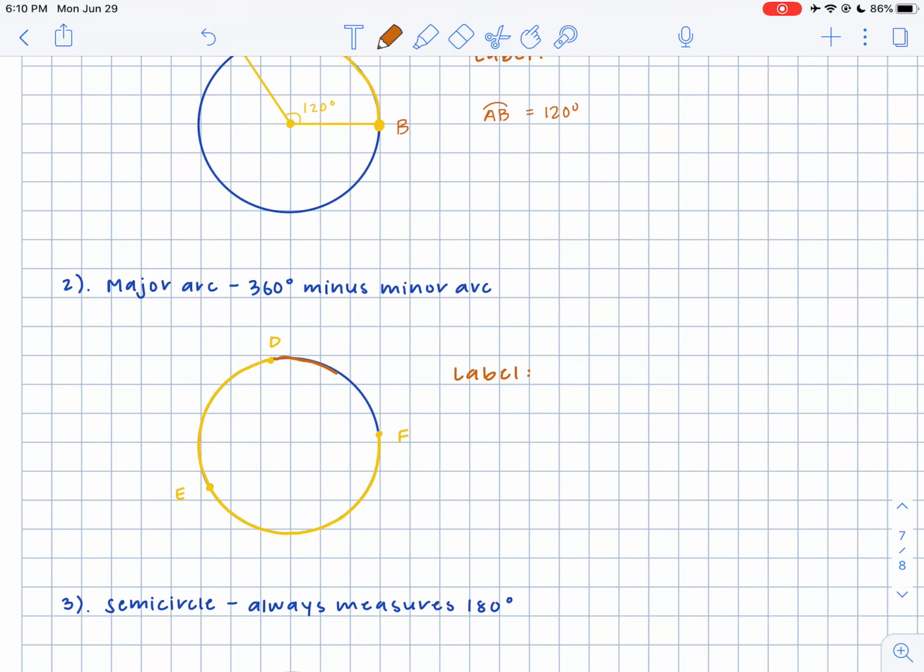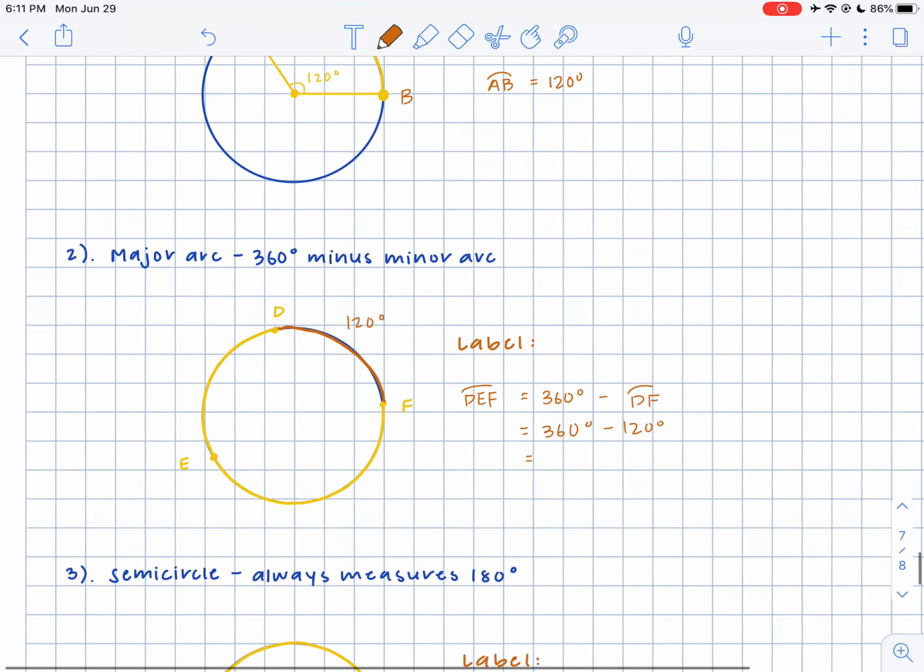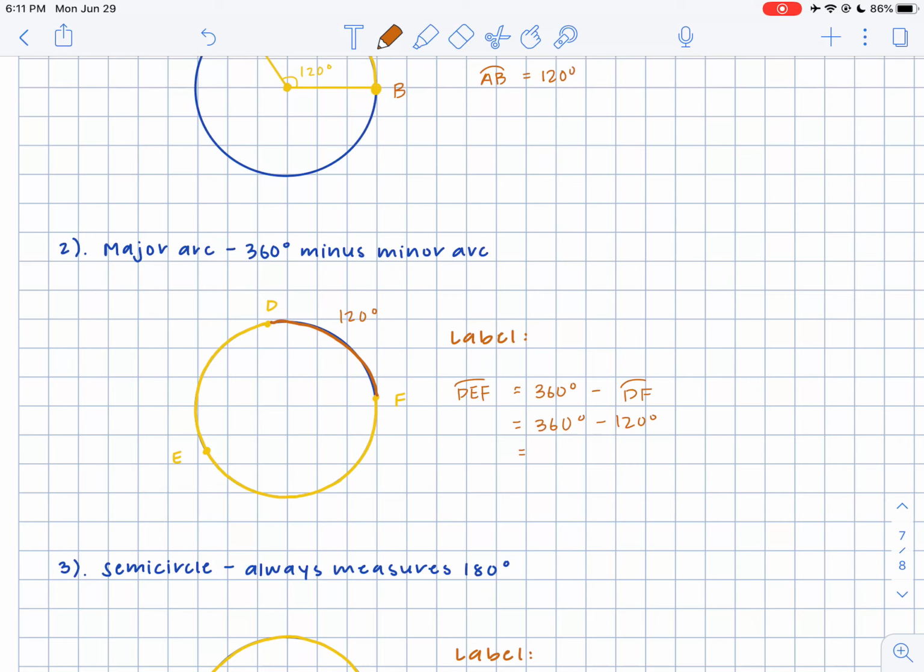For example, if we had minor arc DF, and we said it was 120 degrees, then what is the measure of the major arc? So the measure of DEF is 360 minus the minor arc, in this case DF. So what is that? 360 minus 120. So the measure of our major arc DEF is 240 degrees.